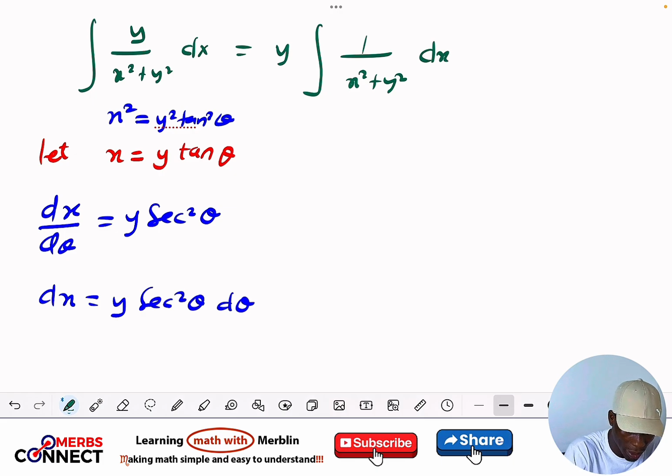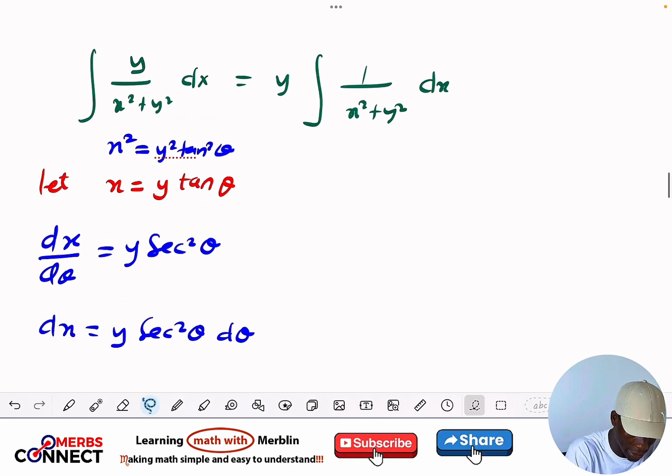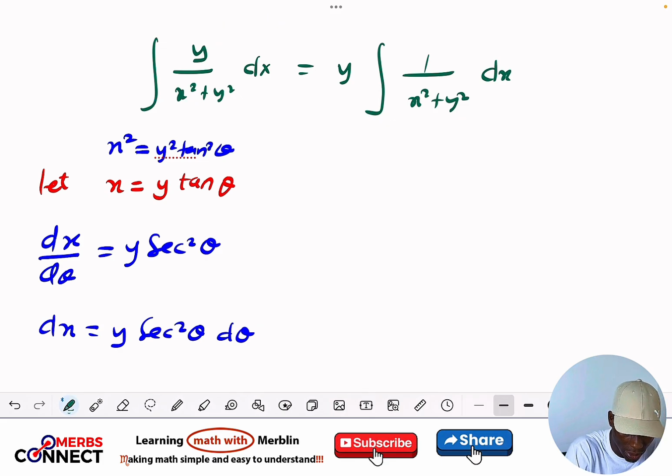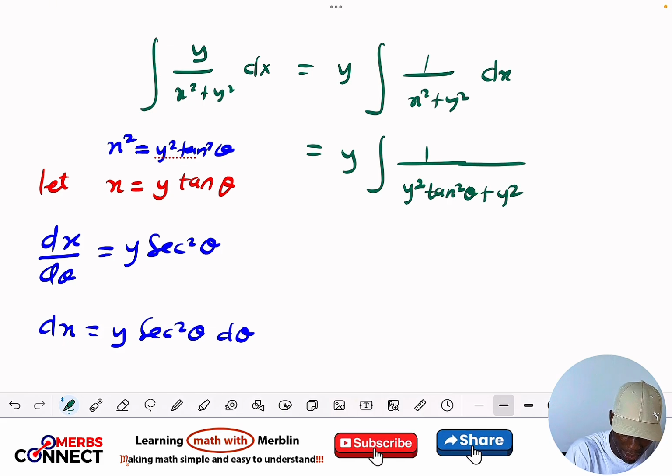This is going to give us y times the integral of 1 divided by, now x squared here is equal to this, so I'm going to have y squared tan squared theta plus y squared, times dx, which is equal to this. So I'm going to have y sec squared theta d theta.